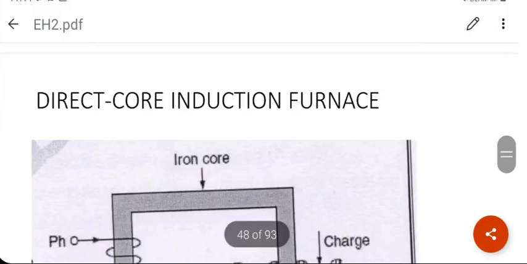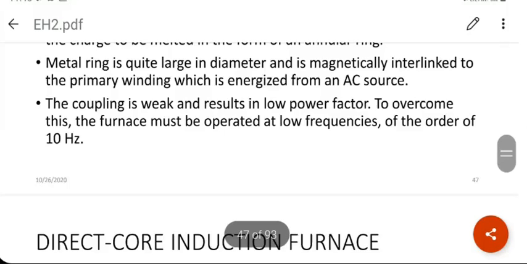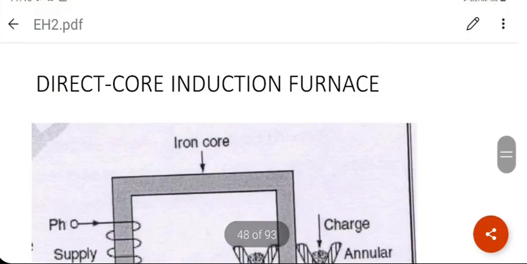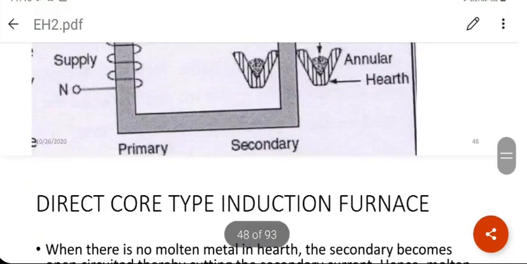Now we are calling it direct because we are actually physically touching the hearth, that is the piece that contains the material. We are connecting it physically to the core. So heat is directly getting transferred. But from there, the heat would be transferred to the material that you want to heat. That is also happening through direct contact. So that is why the word is there, direct. And there is a core involved, so we are calling it core type. And we are assuming single phase supply, of course.